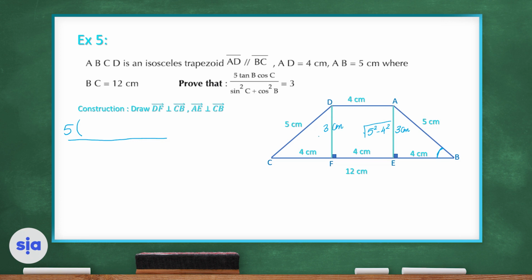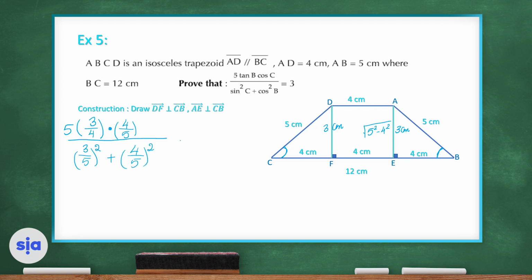So for angle B, tan B is opposite over adjacent, so it's 3 over 4 times cosine C, for cosine is adjacent over hypotenuse, which is the 4 over the 5 for angle C, over sine squared C. Sine C is opposite over hypotenuse, so it will be 3 over 5 all squared plus cosine squared B, which is 4 over 5 all squared.